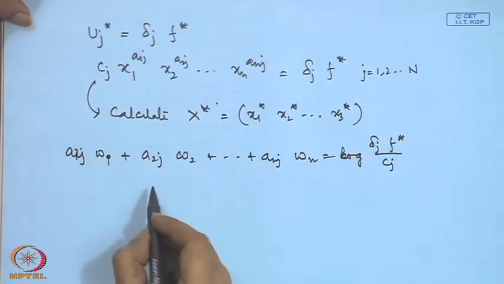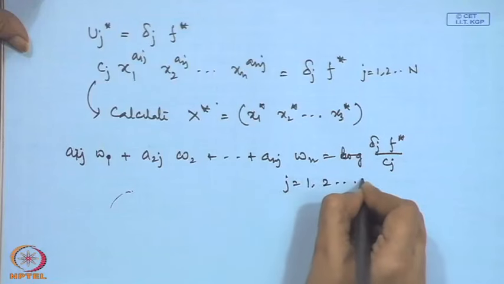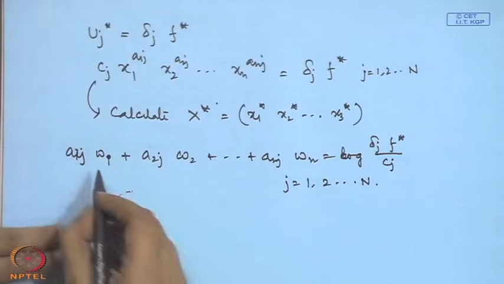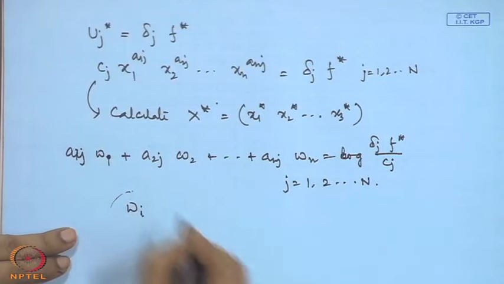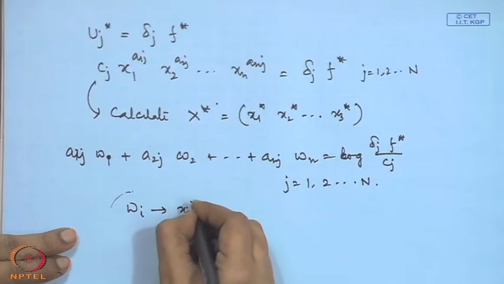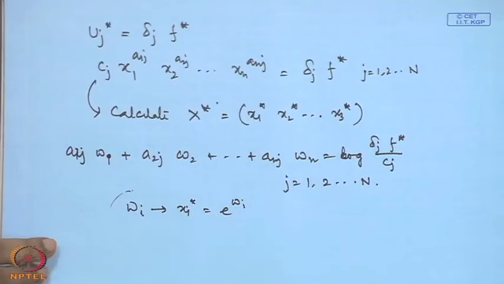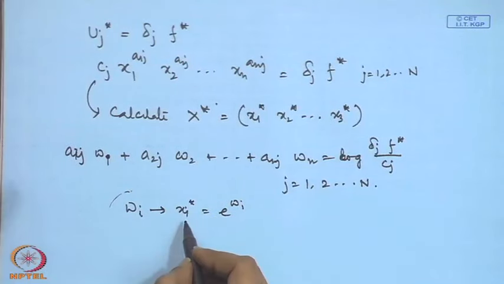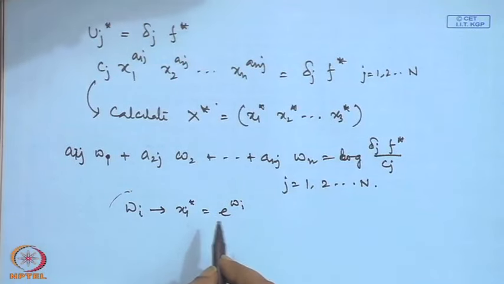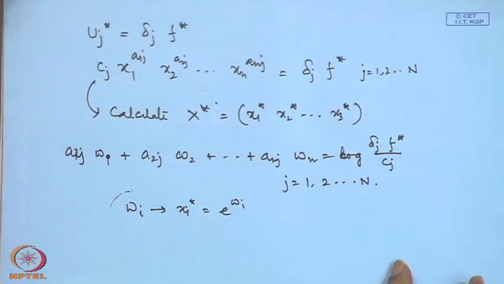You can solve these n linear equations as well. From there we will get the values of Wi, and from here we can calculate the values of xi star. How? e to the power Wi would be the corresponding value of the decision variable. This is the way we can solve the geometric programming problem.